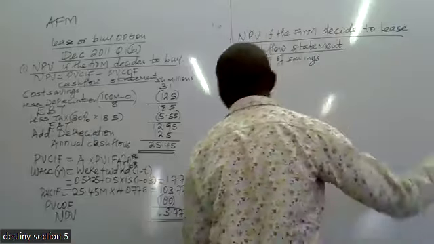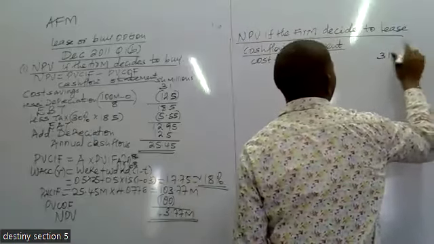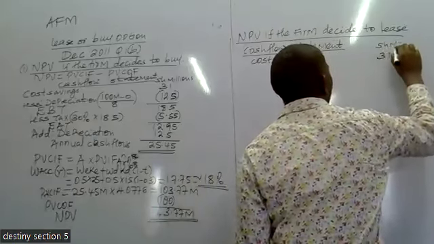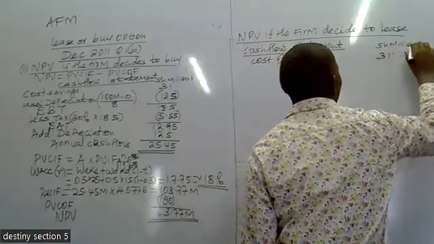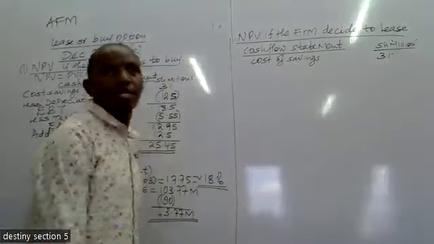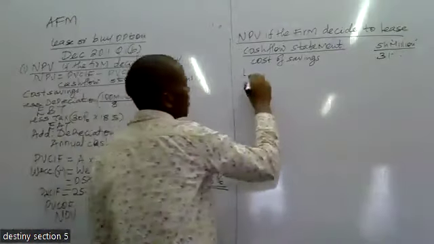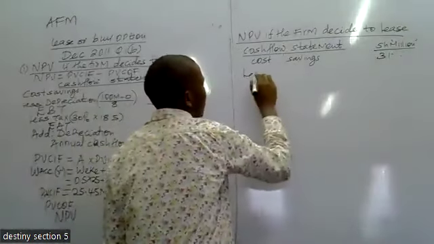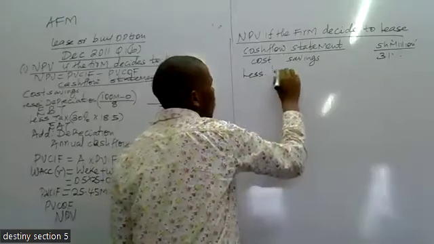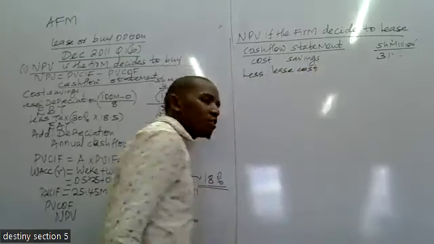It is still that 1 million. The machine yote tu ndio tunaambiwa is expected to reduce the loss. So this is regardless of whether you lease it or not. Now what we've learned here is the lease cost, because you will now be paying the lease cost per annum. So the lease cost is how much?